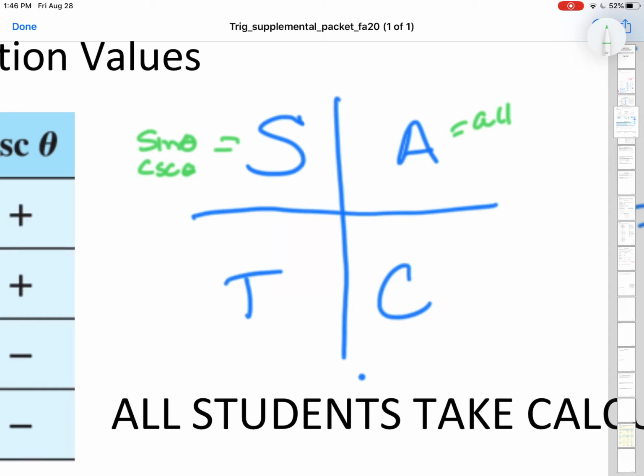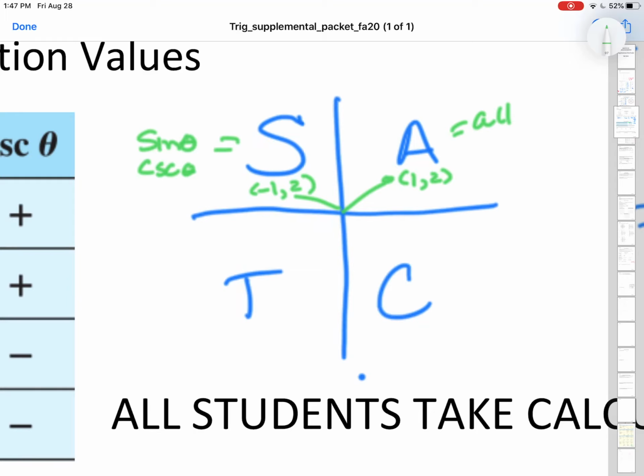And here's the reason why. Remember what's happening here. This would have a positive x and a positive y. This would have a negative x and a positive y. And sine corresponds to y, so your y's are all positive, so it's the other ones that are going to be negative. So there's a very real reason why that's the case.